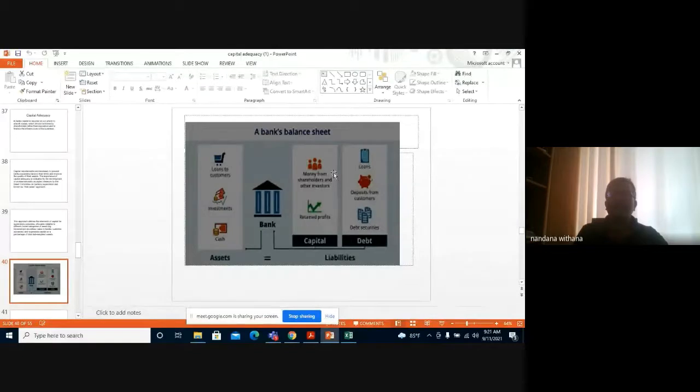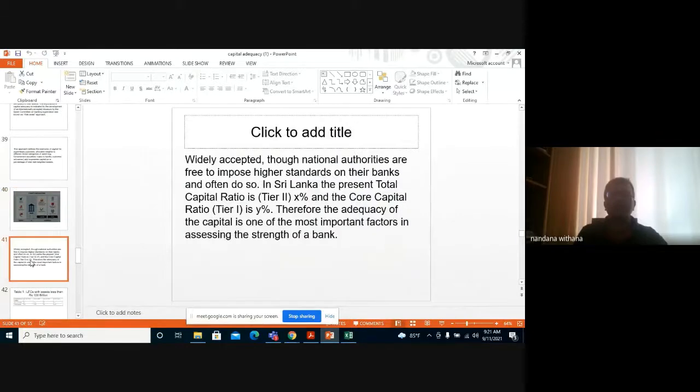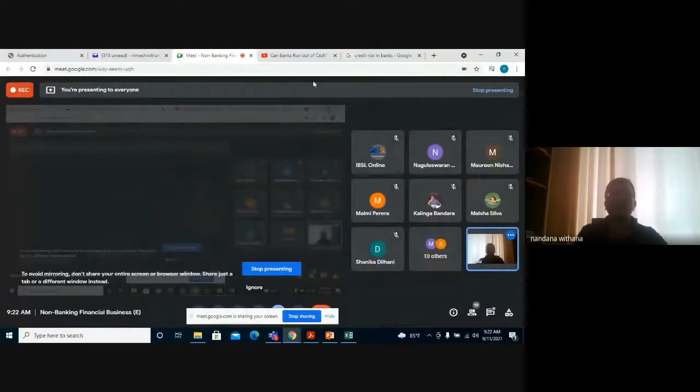What you have already contributed as ordinary shares plus your retained profit is your capital. Loans from the general public, loans from other banks, deposits from your customers, and debt securities are your liabilities. You can issue debentures and get money. Now these percentages are changing. Tier 2, what is the percentage? Tier 1 percentage. Now you have to have an understanding of that.